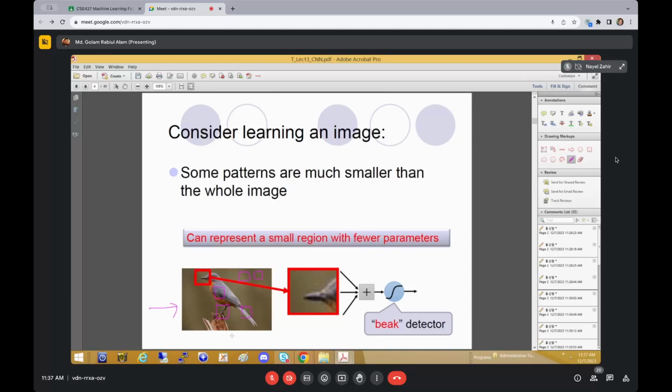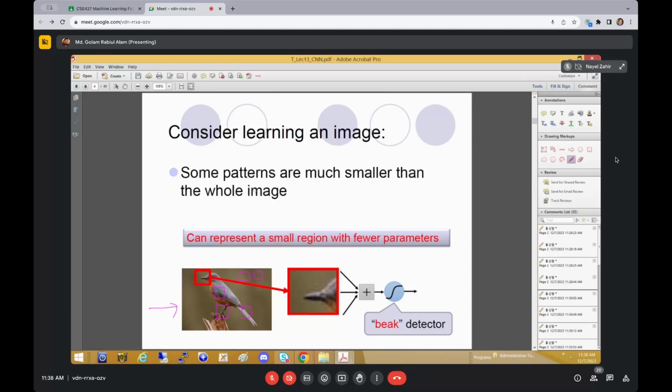If we can consider one beak detector, one wings detector, one leg detector, one tail detector, then that will actually be enough to recognize this bird, that is, what type of bird this is, or whether this one is a bird or maybe an animal.